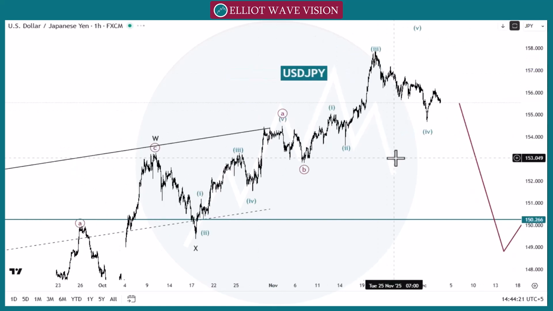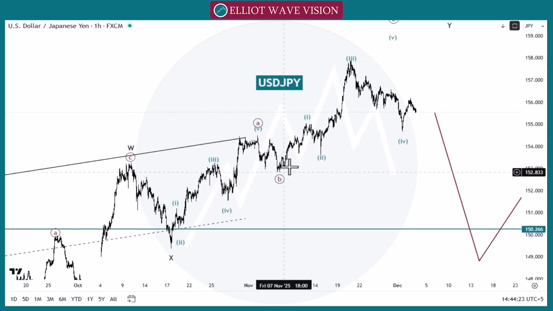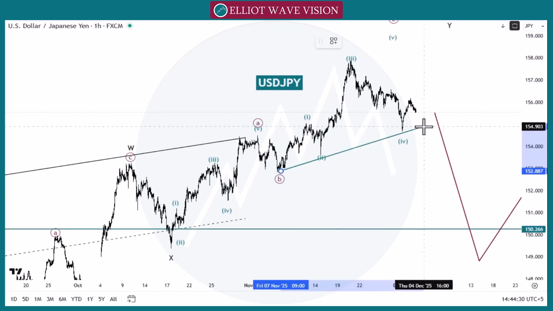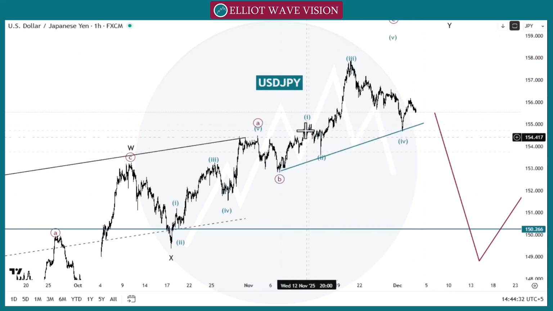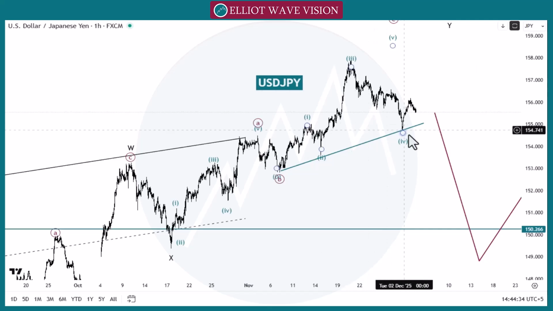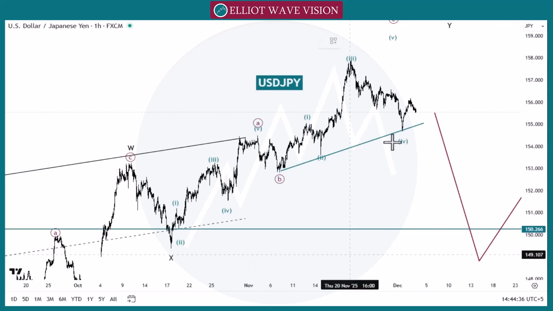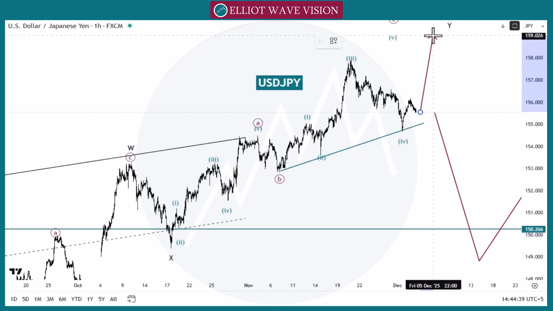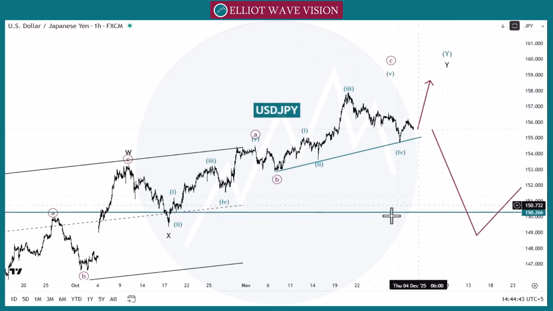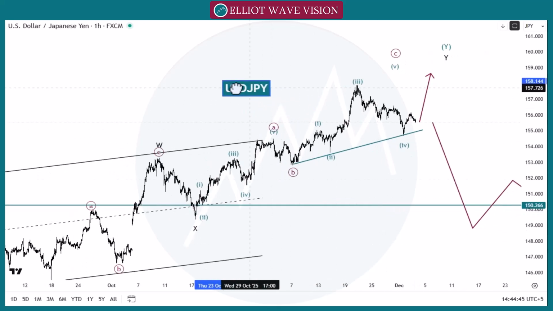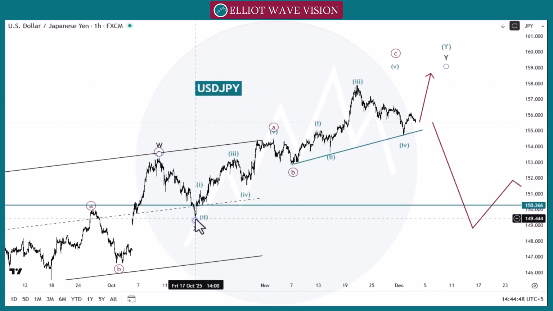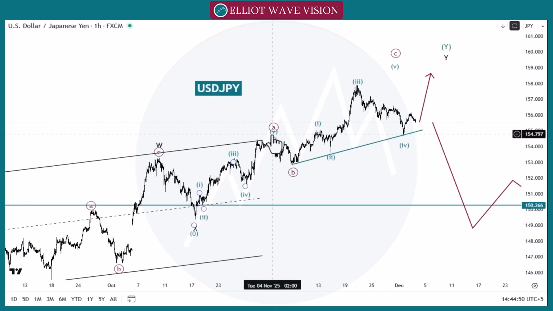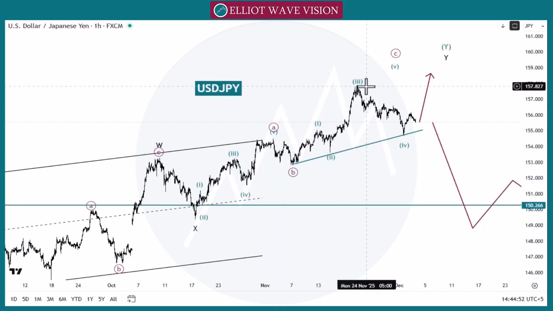At this point we count this move like A, B and C. Now it's possible this last leg, wave C, gives us an anti-diagonal like wave 1, wave 2, 3, 4, and now the market may again go towards the bullish side towards 160. Or we count this move as wave A, B, C, W, X, A, B, C, Y. That's also possible.